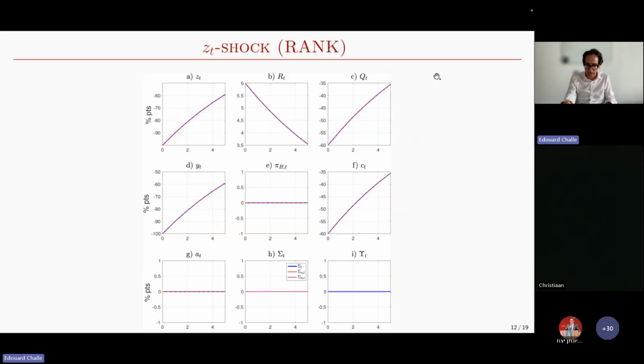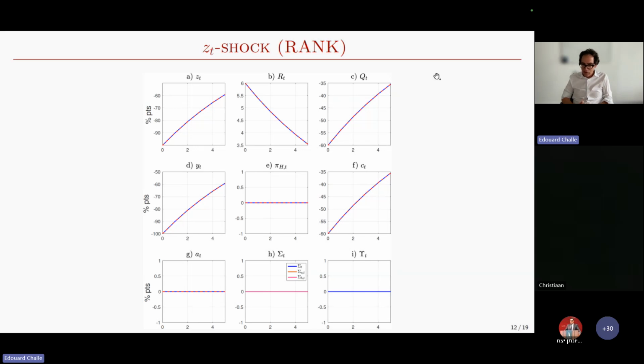Okay, so these are the impulse responses that you would see in the RANK model after a negative domestic productivity shock, Z_t. So basically, it's a contraction in aggregate supply. So the central bank responds by contracting aggregate demand so that there is no inflationary pressure. So the real interest rate goes up.